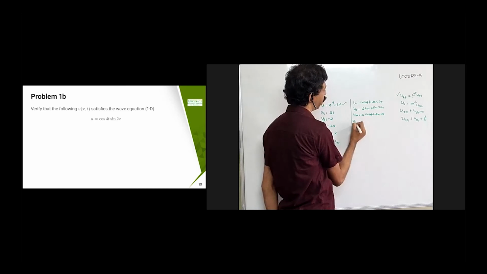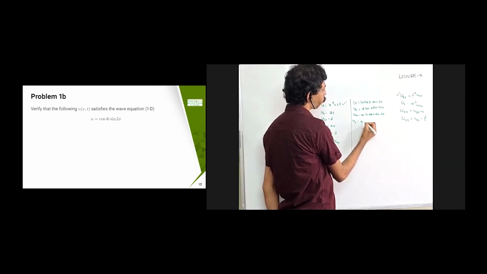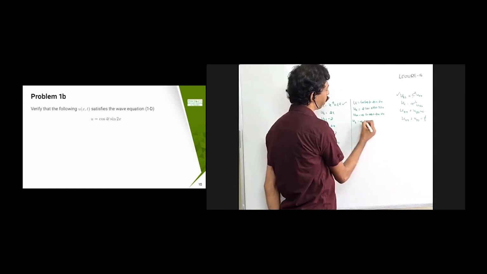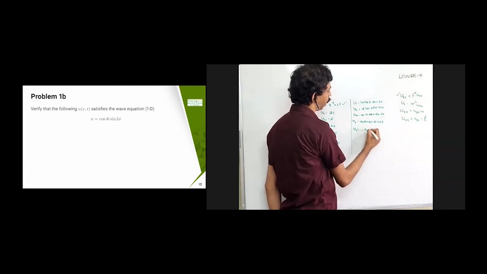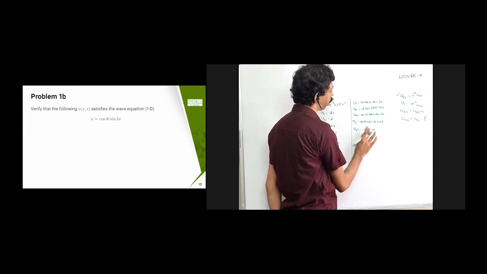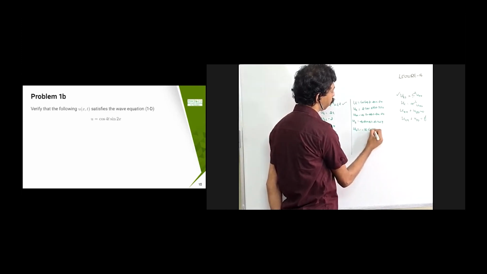And ut is going to become minus 4 sin 4t sin 2x, and utt is going to become minus 16 cos 4t sin 2x.